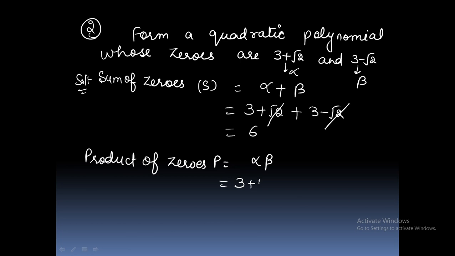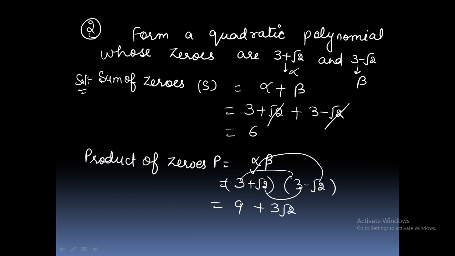Here 3 plus root 2 multiply 3 minus root 2. 3 multiply 3 is 9. 3 multiply minus root 2 gives minus 3 root 2, plus 3 root 2, and then root 2 multiply root 2 gives minus 2. The plus 3 root 2 and minus 3 root 2 cancel. 9 minus 2 is 7.